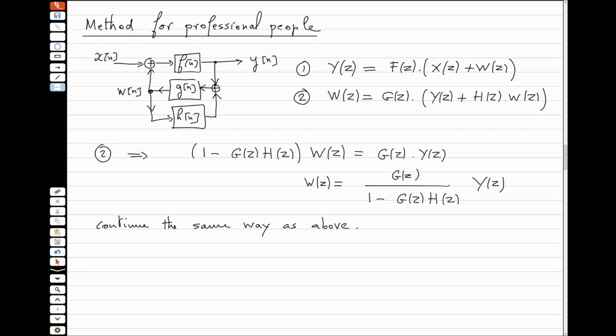All right, so I'm not kidding when I say method for professionals, because the real professionals use z notation all the time. So they use this other convention where they put f of z, g of z, h of z directly. And I can give you an anecdote. When I was a young engineer working in a company, they sent me to a conference about circuits, and in this conference, everybody was using z notation only.